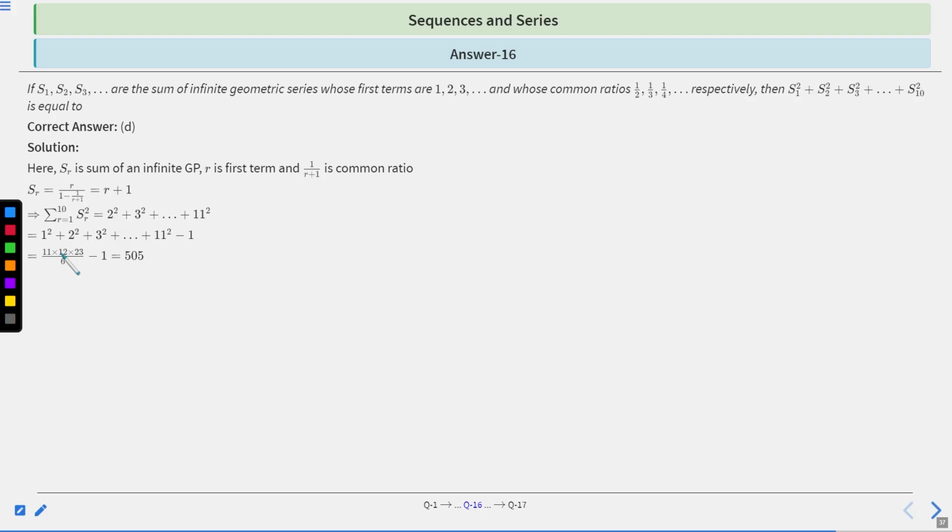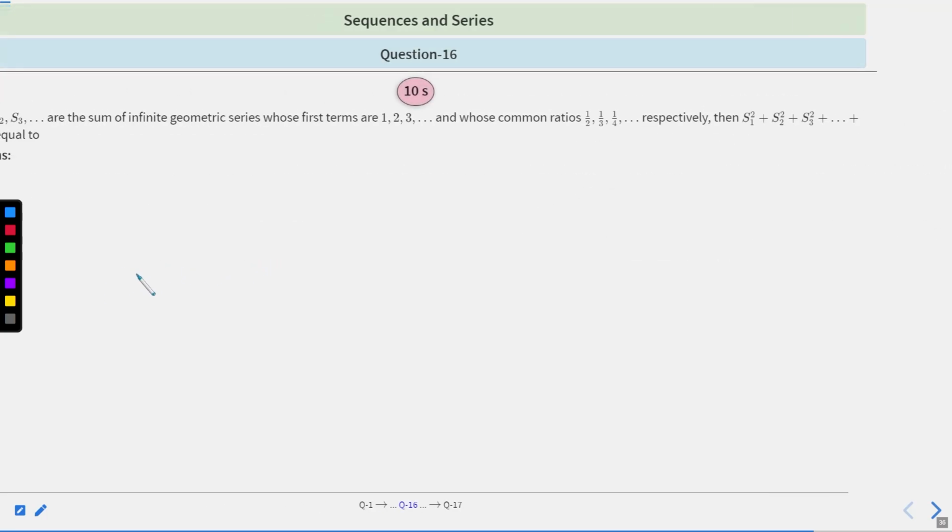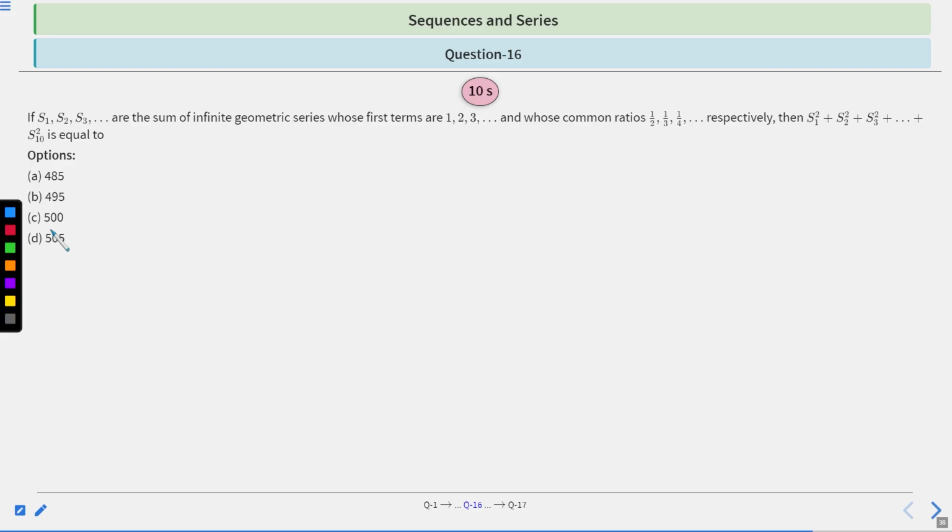So we get 1 square plus 2 square plus 3 square till 11 square. We add 1 square and subtract 1 square. After solving this using n into n plus 1 into 2n plus 1 upon 6, we get the answer as 505. So option C is the right choice.